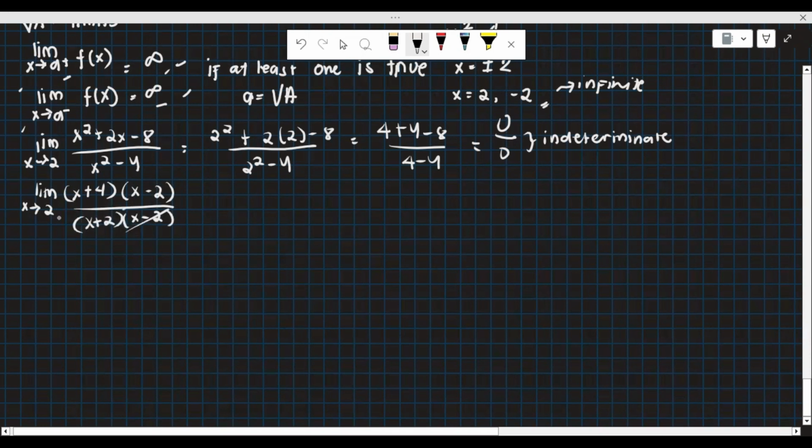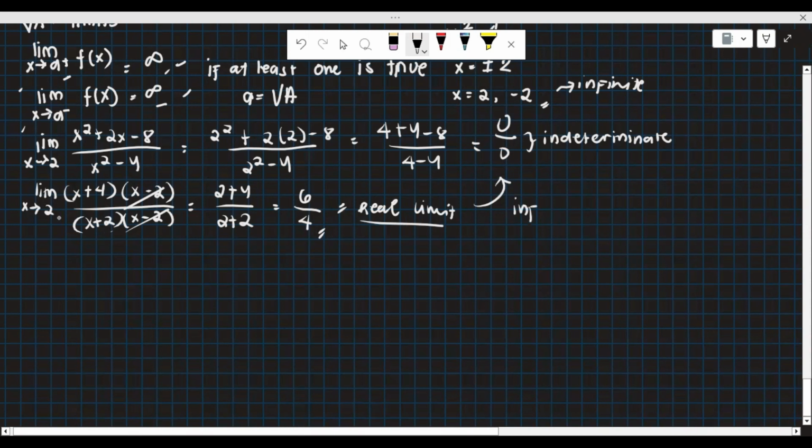So we can cancel this one and this one. So that's 2 plus 4 over 2 plus 2. So now we get 6 over 4. So we now have a real limit value compared to the indeterminate. So your limit as x approaches positive 2 is 6 over 4. It's not infinite. So it's not a vertical asymptote at x equals 2.